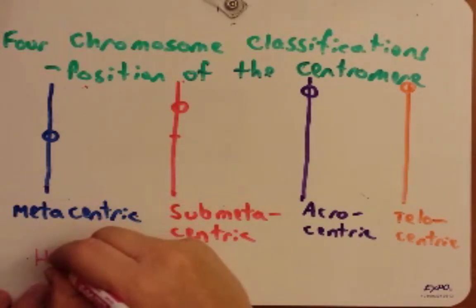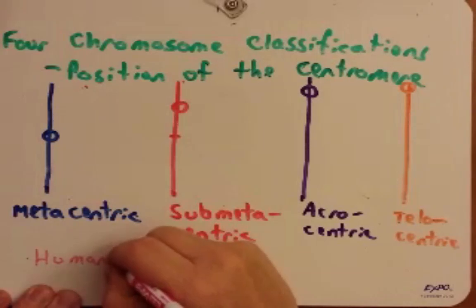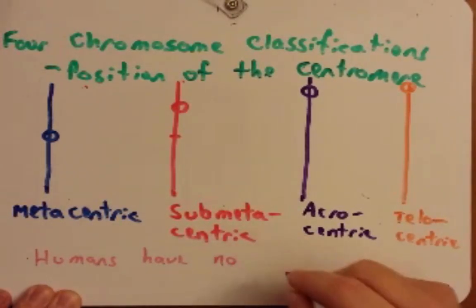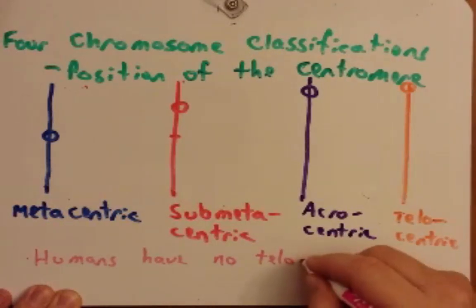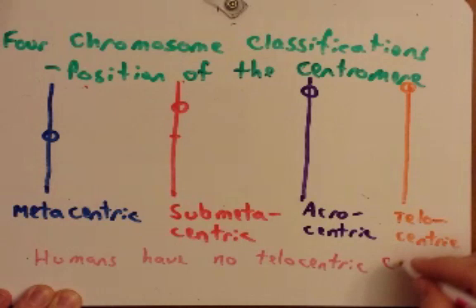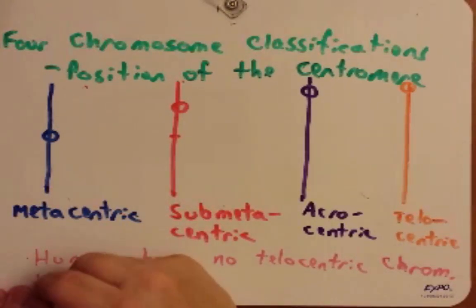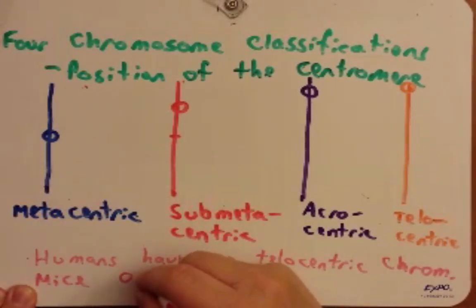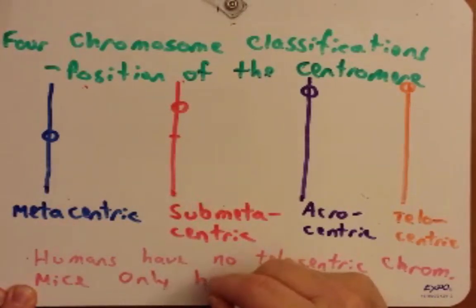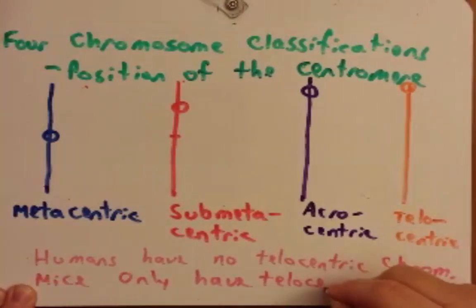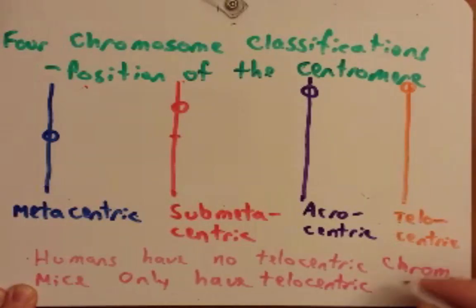For instance, humans have no telocentric chromosomes, whereas mice, the standard house mouse, only have telocentric chromosomes.